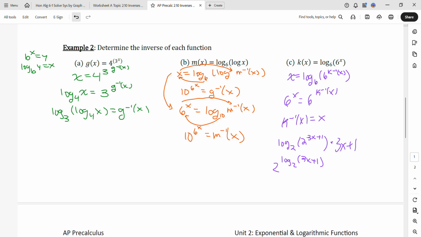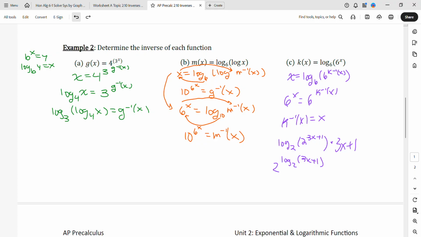Chances are, if you do see something like this, the bases are going to be the same, so that you can just say they cancel out. Can there be like log base 2 raised to the x? Like an exponent on the base?